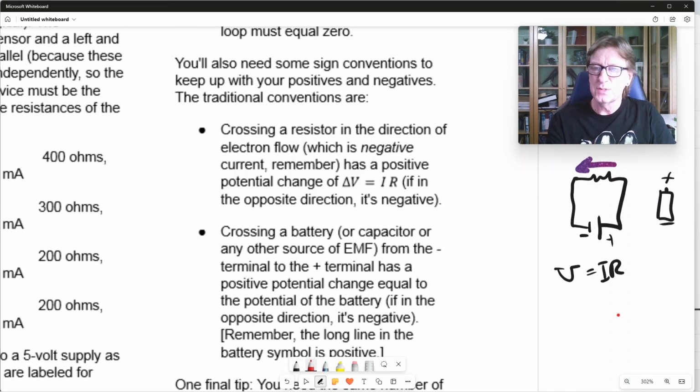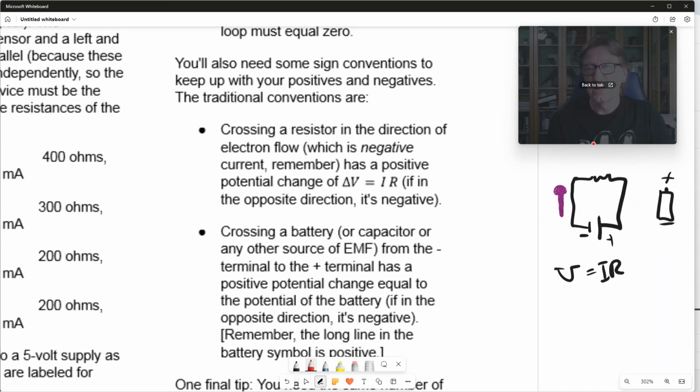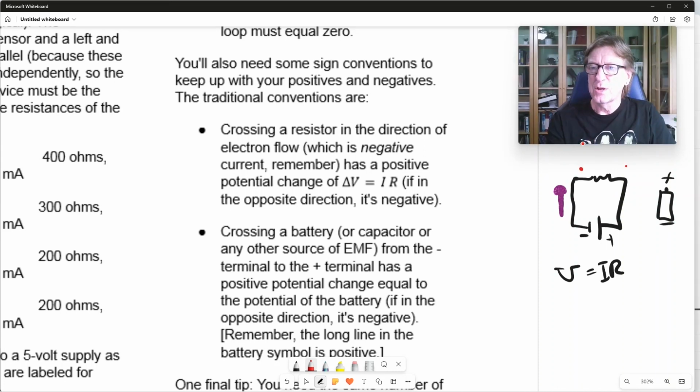Now, here's the confusing part. Let's suppose the way we've got this wired up right now, our electrons are moving this way. Which direction is the current? The current is actually going this way. It's the direction positive charges would move.